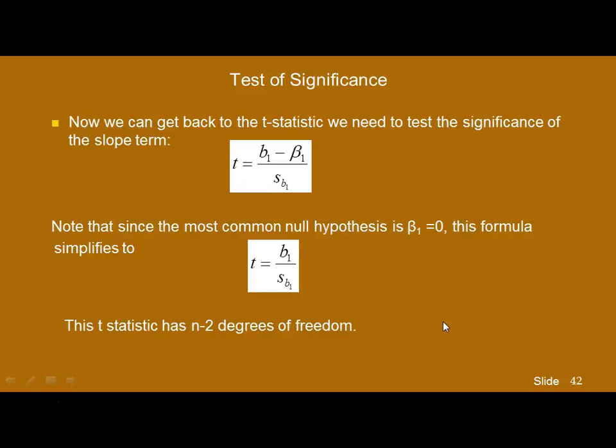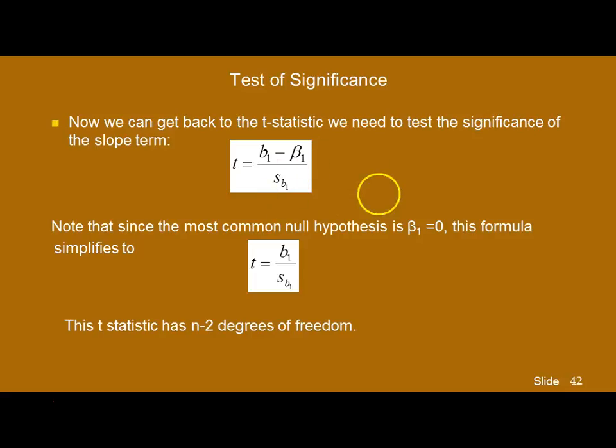Now let's get back to hypothesis testing itself. Our test statistic is going to be a t-statistic. It should look kind of familiar to you in a lot of ways. You take your best estimate, B1, you subtract the hypothesized value, and since the most common null hypothesis is going to be that beta 1 is 0, that's going to just drop out of the formula.